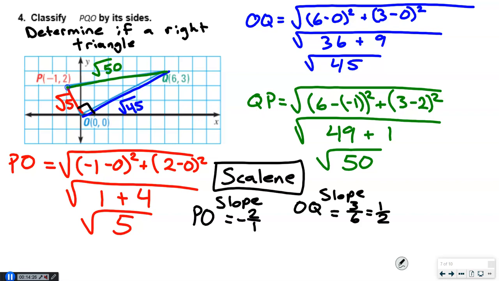You will not have the right angle along the hypotenuse. It'll be along the 2 shorter sides. So the 2 shorter sides will form a right angle if it is a right triangle. So you can use that to eliminate and not have to find the slope of the third line. But you could find the slope of all of them.